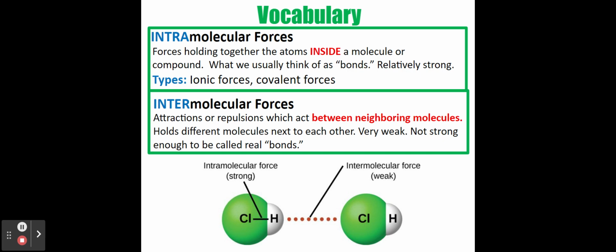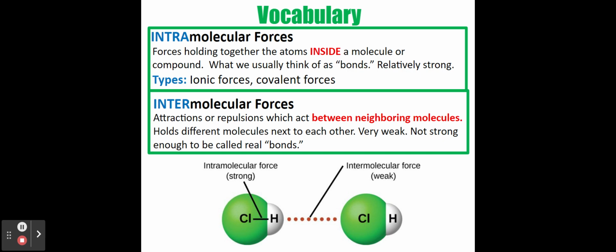So these attractive forces are going to be holding different molecules next to each other. They're relatively weak compared to that of the intramolecular forces, ionic bonds and covalent bonds. So ionic bonds and covalent bonds are relatively stronger than the intermolecular forces that occur between the molecules. And so these intermolecular forces are not strong enough to be called real bonds.